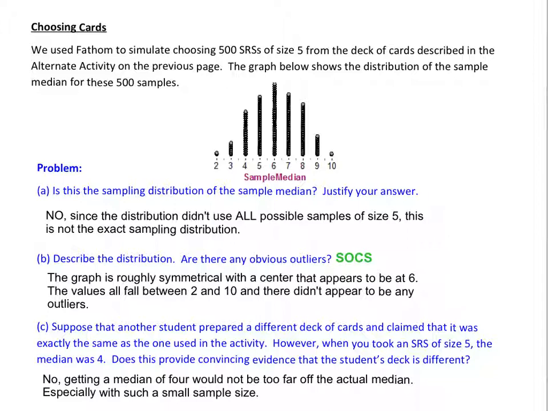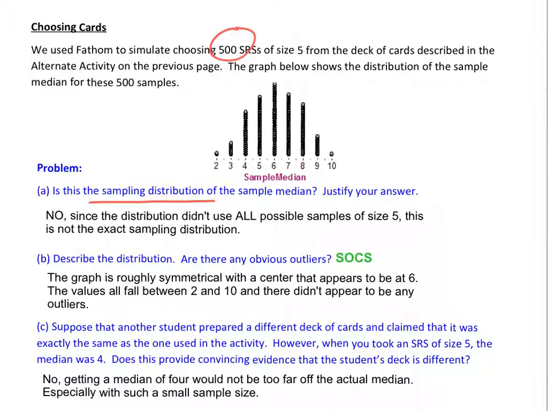Is that the sampling distribution? And the answer is no. That has 500. So this would be like some computer software was used to do this. But if you did the thing with the cards, that's what you would expect to get, or something close to it, if you did the draw 5 and write down the median, 500 times.